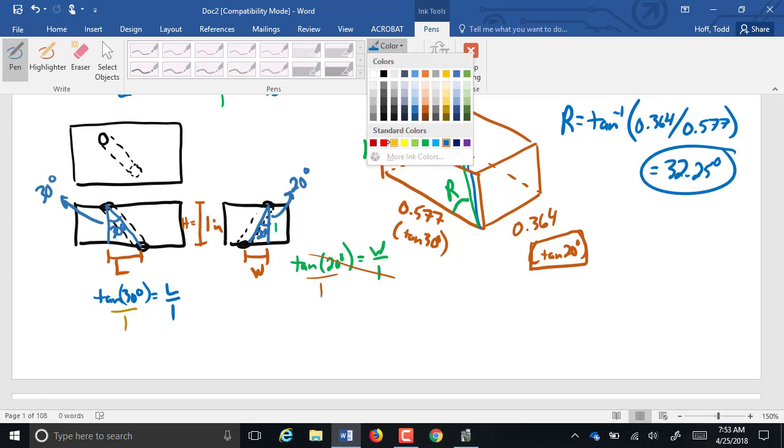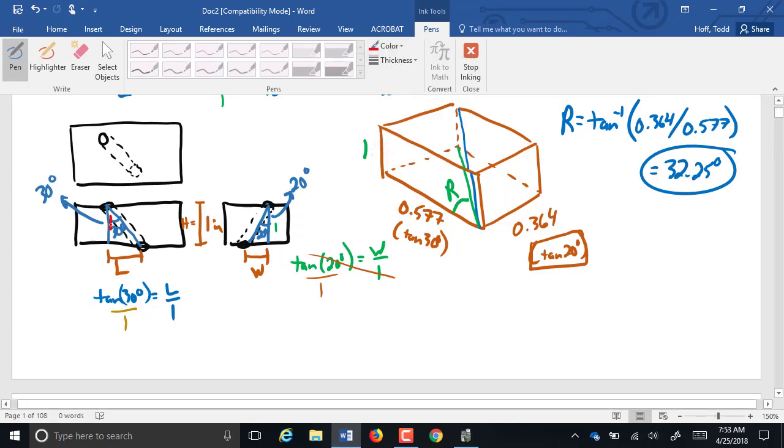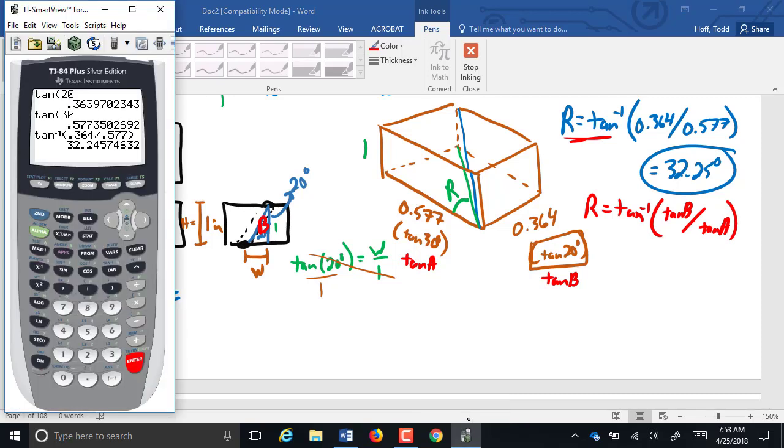Now, let's go back here a second. I'm going to call this angle A and this angle B. This was just the tangent of angle B. This was just the tangent of angle A. Right? So what we just found there for R is the inverse tangent of the tangent of B divided by the tangent of A. Let me prove to you that that works.